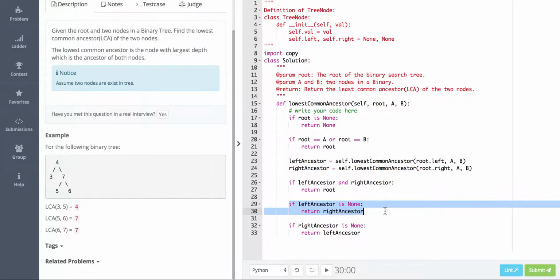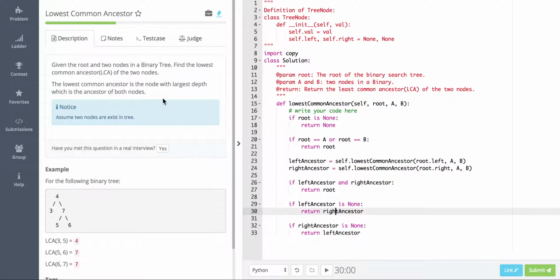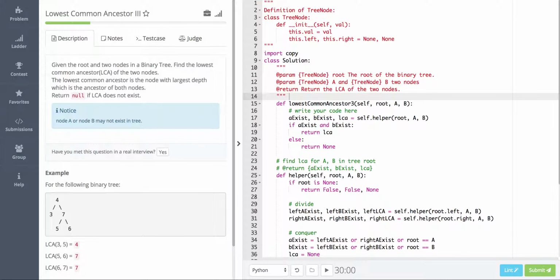If only one of the ancestors exists, for example the left ancestor is null, then we just return the right ancestor, and vice versa. So this is how we approach problem number 88, which is the lowest common ancestor 1. So in this lowest common ancestor 3, how are we going to do it?